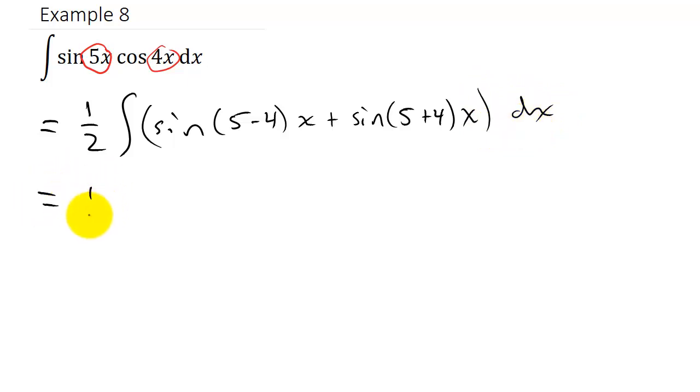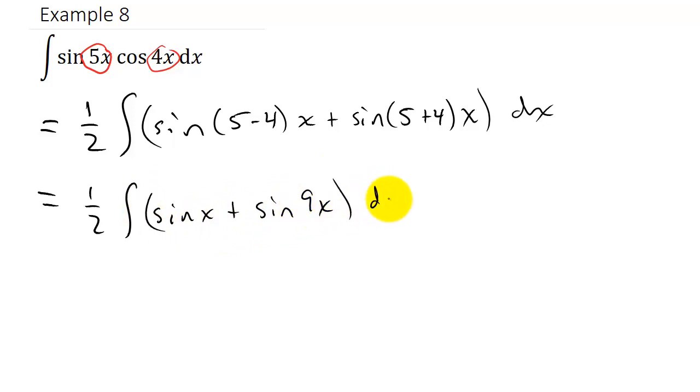And so this is going to give me 1/2 times the integral of sine x plus sine 9x dx. And now it's just a simple problem.